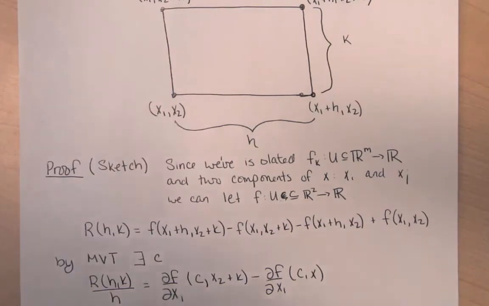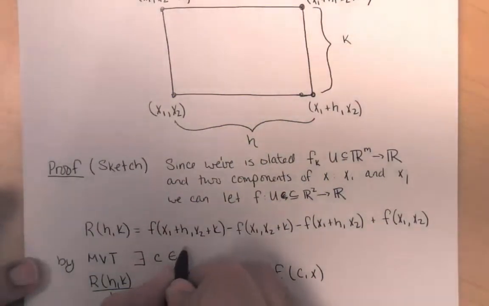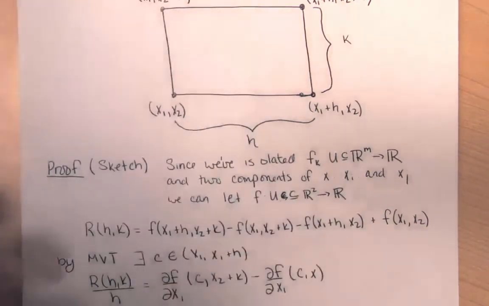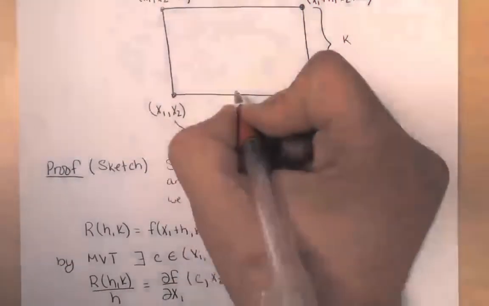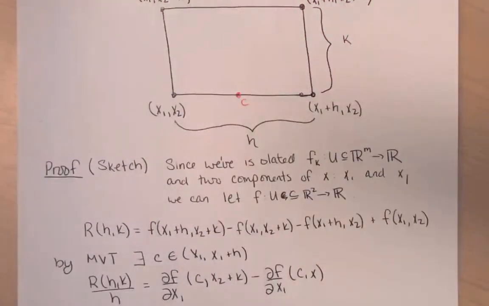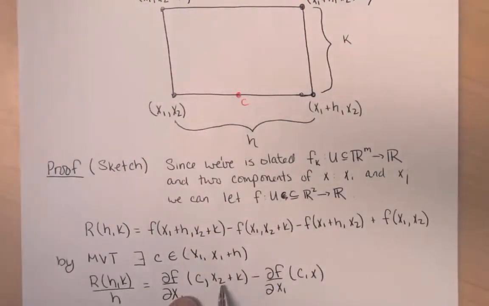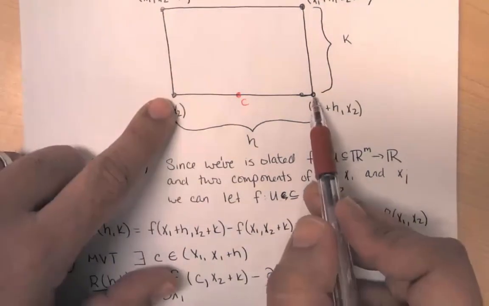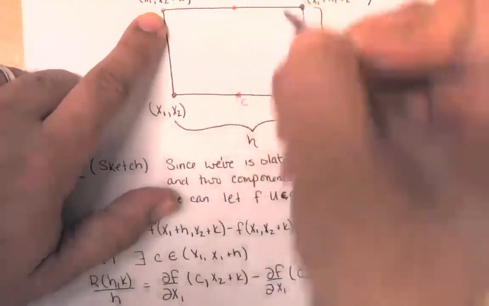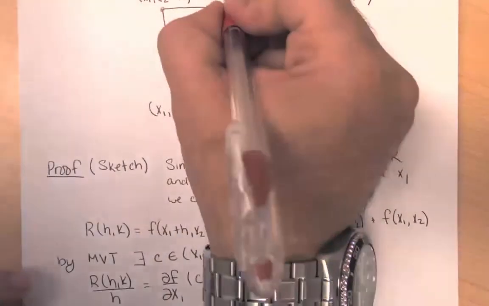So C is somewhere between x1 and x1 plus h. So C is some point here. But what I did is I took the difference from here to here and then also the difference from here to here. So here's C over here.